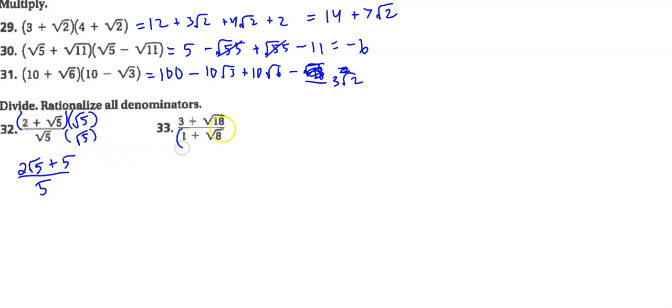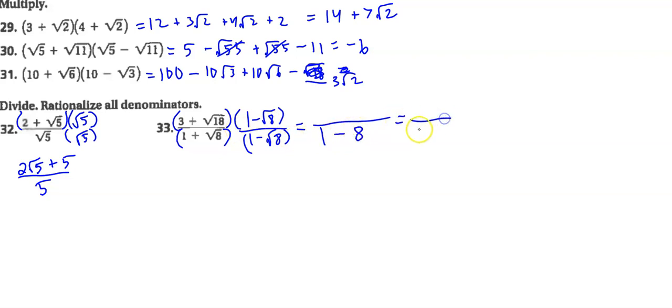This one is a binomial down there, so you're going to have to multiply by the conjugate, which would be 1 minus square root of 8. Denominator doesn't go away, but it should simplify nicely. So 1 inside outside goes away. Minus square root of 8 times square root of 8 is square root of 64, which is 8. So I like that. The denominator is now negative 7, so much better than what we had.